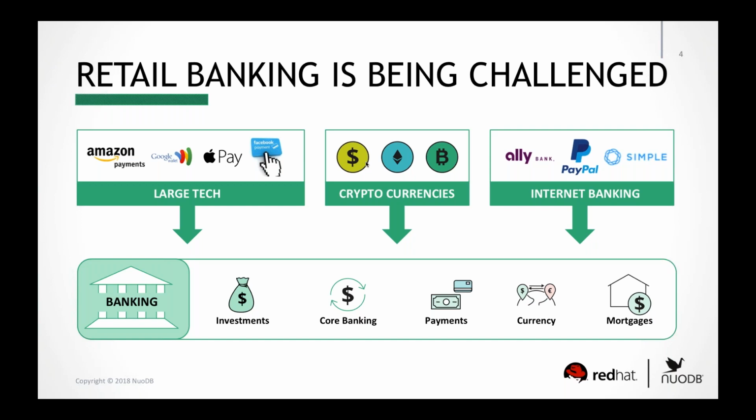So if we look at this particular chart, a couple of points I wanted to make. A bank is generally comprised of several lines of business, right? And lines of business include things like core banking. Core banking is pretty much opening a checking account or savings account and the fundamental banking operations.